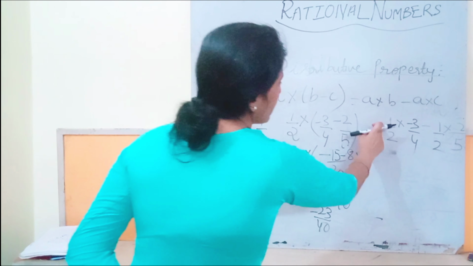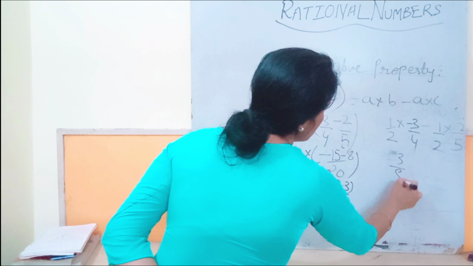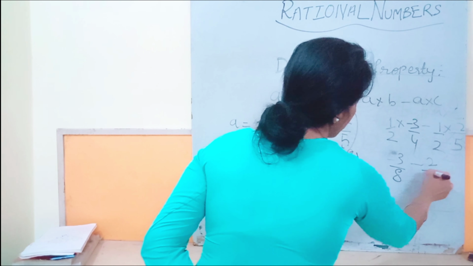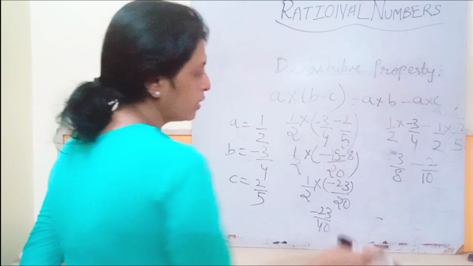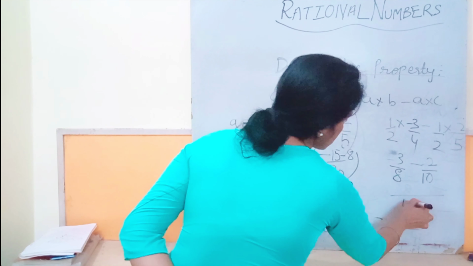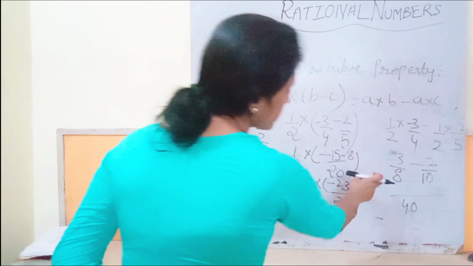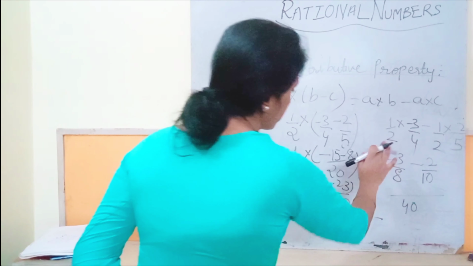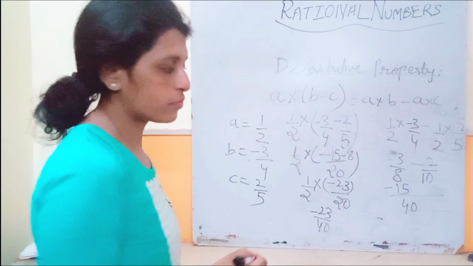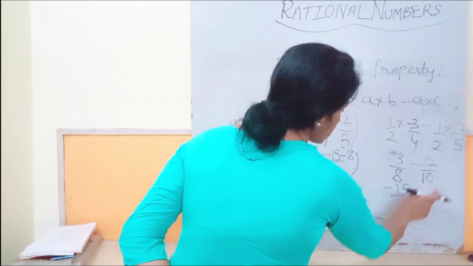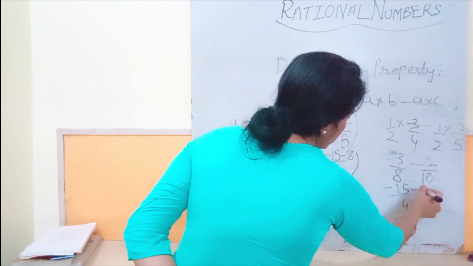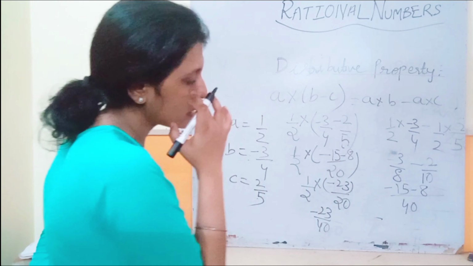Now -3 into 1 is -3, and 4 2's are 8, minus 2 1's are 2, and 5 2's are 10. Okay. Now in the same way, they are unlike denominators, we have to take the LCM, as the LCM is 40. In 8's table 40 comes 5 times, and we are going to multiply 5 in the numerator, and this is -15. Minus, in 10's table 40 comes 4 times, and we are going to multiply the same in the numerator, and it becomes 4 2's are 8.